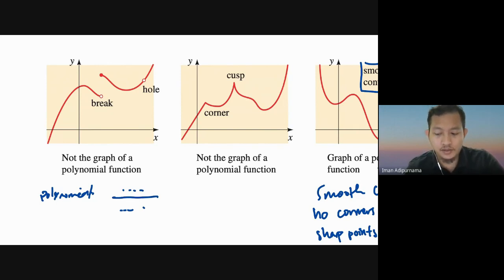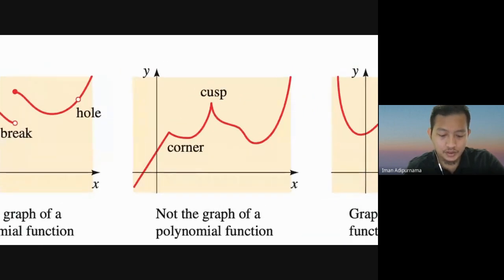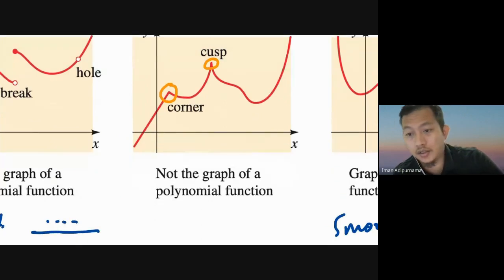Also, you will have an asymptote, right? And that makes the graph broken. Or if you have a corner here or a cusp, this is also not a polynomial function.